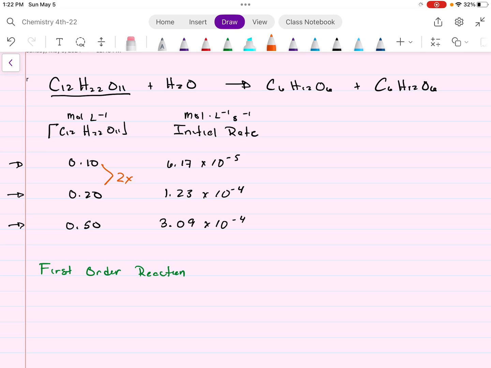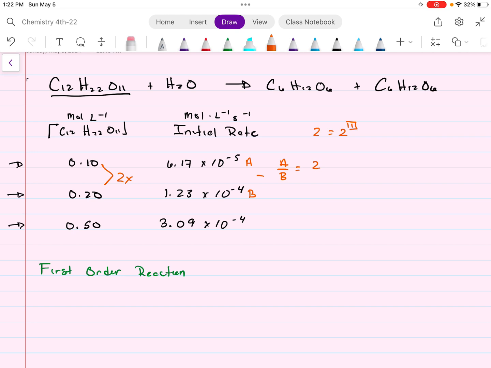As a result, if we take experiment A divided by experiment B, we also see a doubling in the reaction rate. So what that tells me is that if I have a doubling in the initial concentration and I see a doubling in the rate of the reaction, then the order of the reaction must be 1.